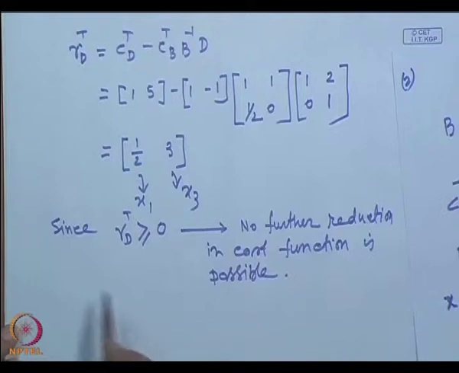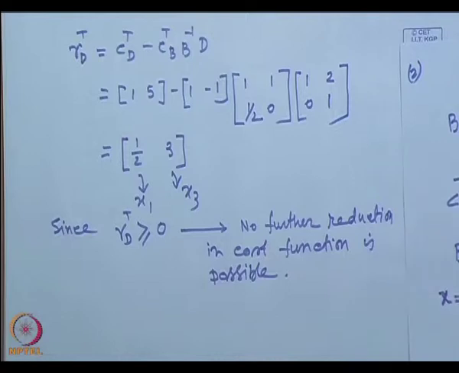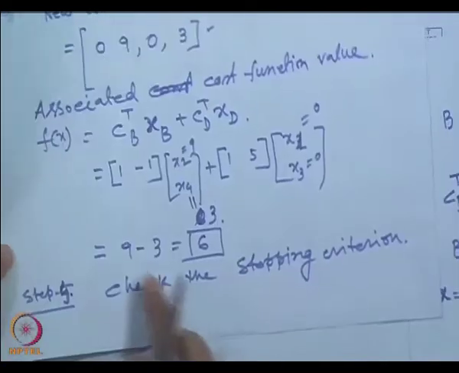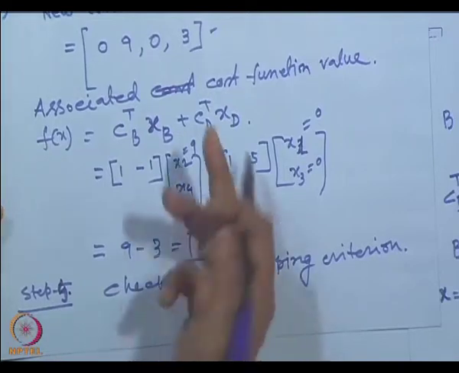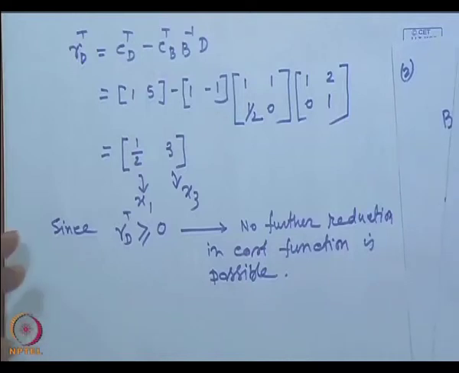So, the optimum value of the function that we got in the last stage will be the optimum value of the function at the vertex.